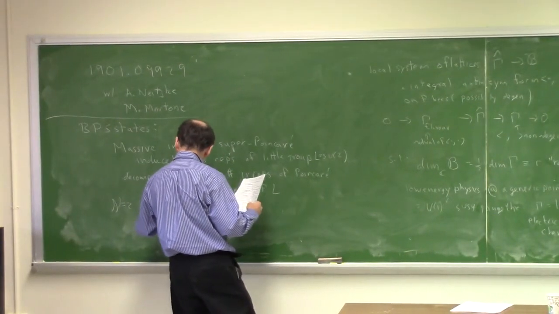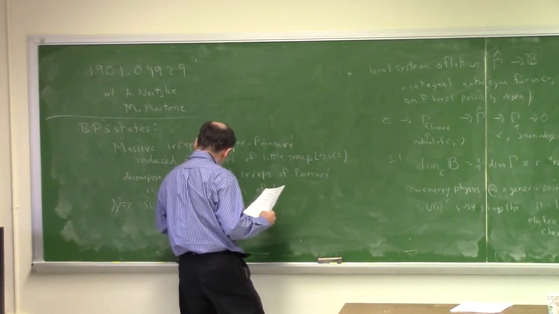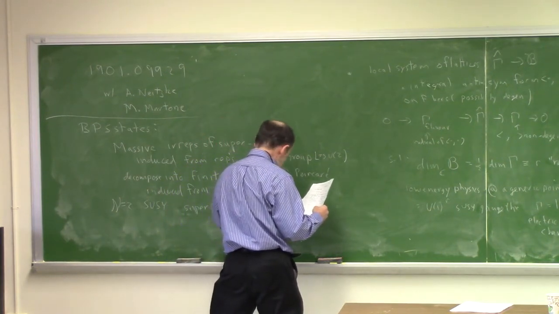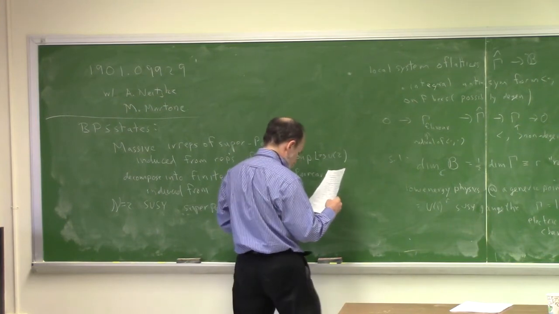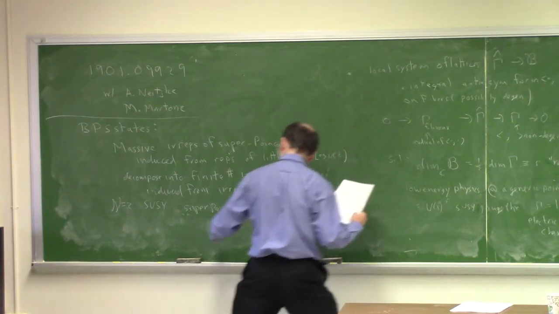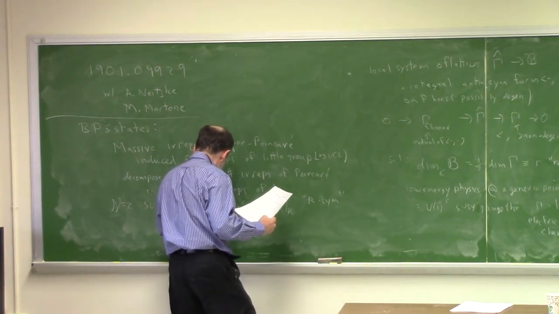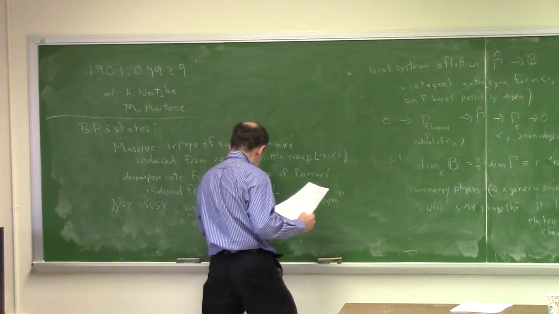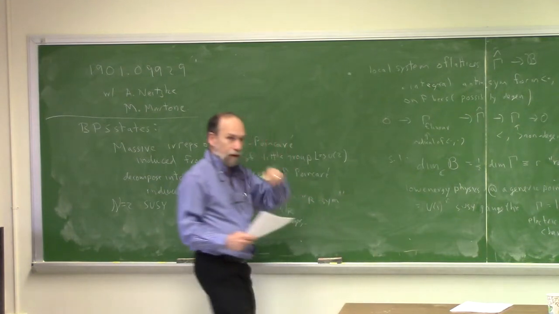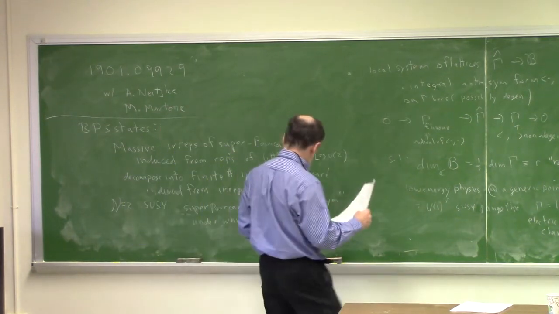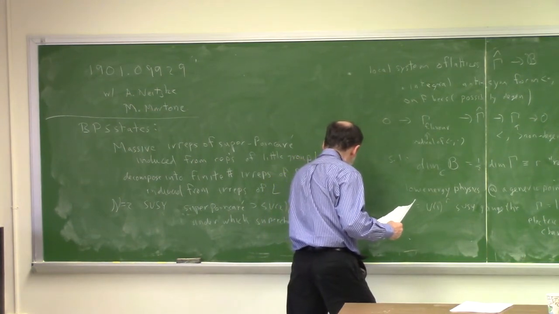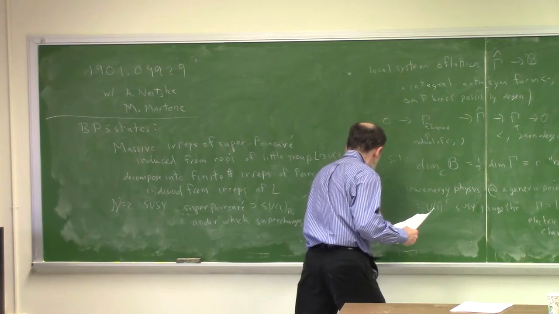The super Poincare contains an SU2 R symmetry, under which the supercharges, the odd generators of this Lie superalgebra, transform in the two-dimensional representation.